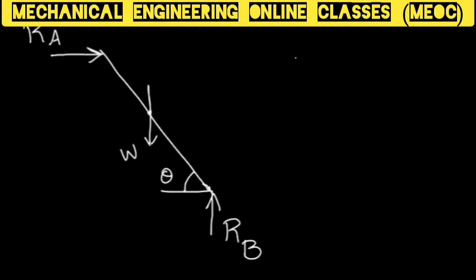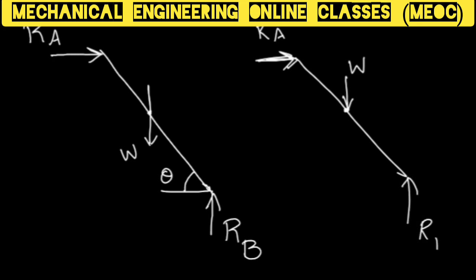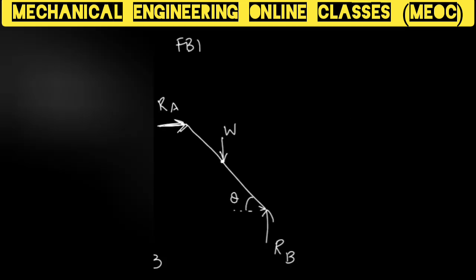Therefore the FBD will be this: RA horizontal and rightward, the weight vertical force acting at the center of gravity of the ladder, and RB the normal reaction at point B, when this is at theta. So this is the FBD of the ladder.